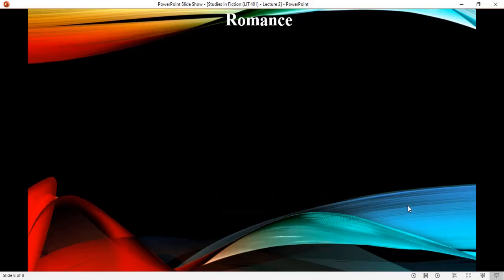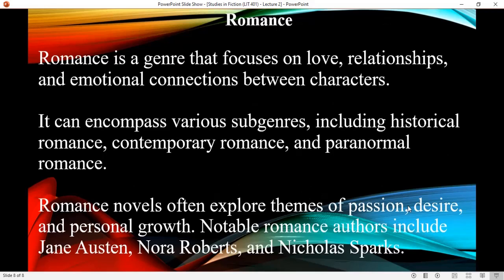We can also look at romance as one of the genres of fiction, and in this case, emphasis is on love, relationships, emotional connections among characters. So, under this, individuals and the form of relationship they have among themselves is what the fiction is actually about.